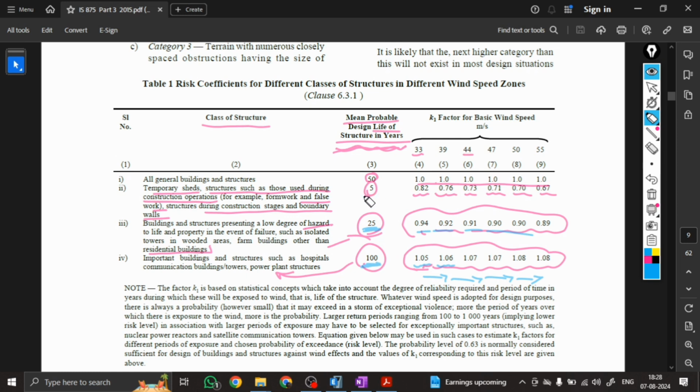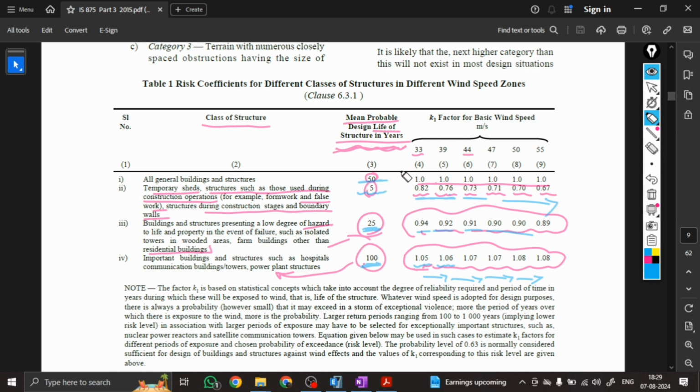See here also, we are designing for only 5 years, means exposure is less and the hazard may come or it may not. So here also it is 0.82, 0.7673, it's decreasing order, right?